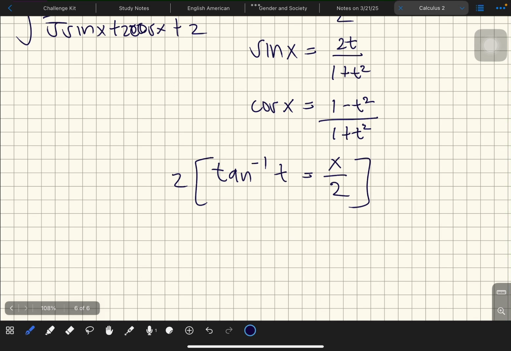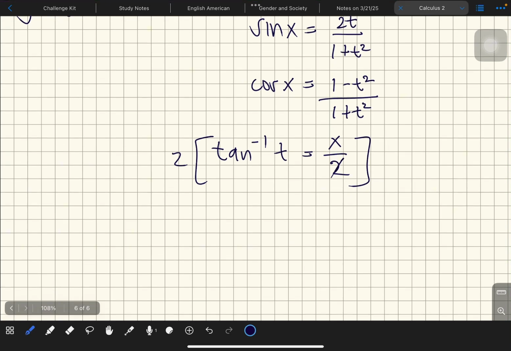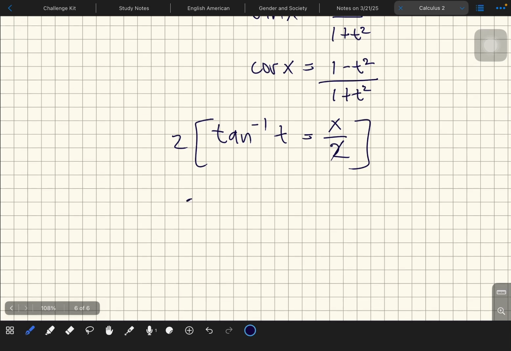So the 2 cancels, and x over 2 becomes x, so 2 arctangent t is equal to x.